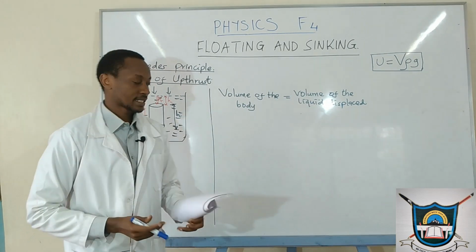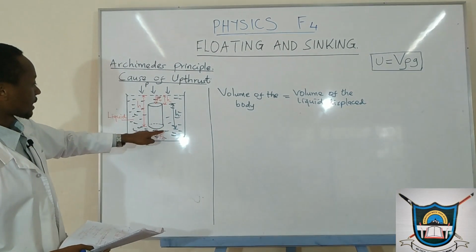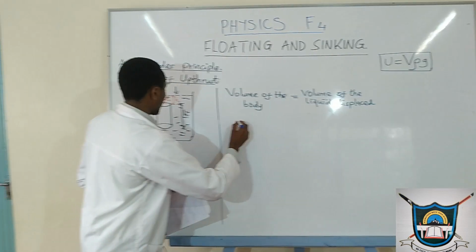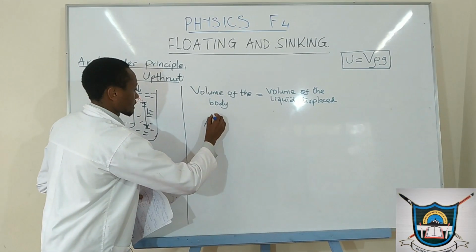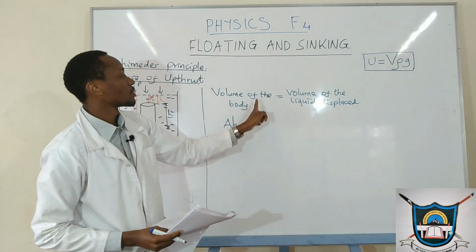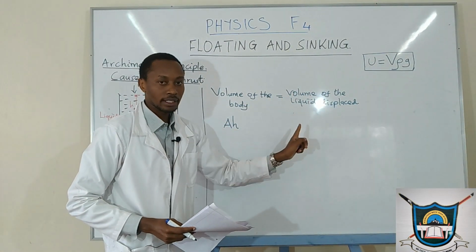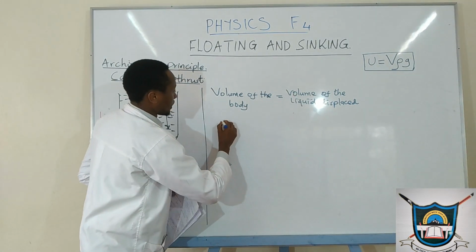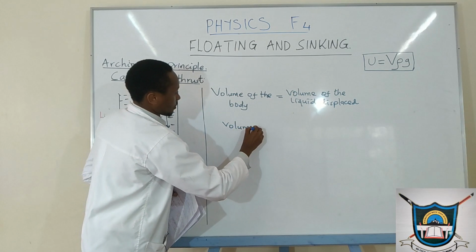And we have said that the volume of this body is the cross-sectional area times height. So we write cross-sectional area times height. It will be the same as the volume of the body, which will be the same as the volume of the liquid displaced.